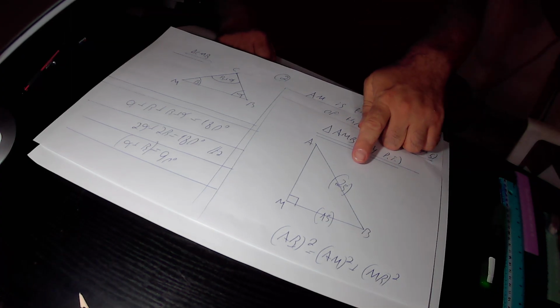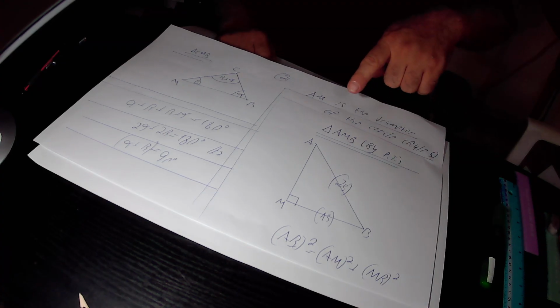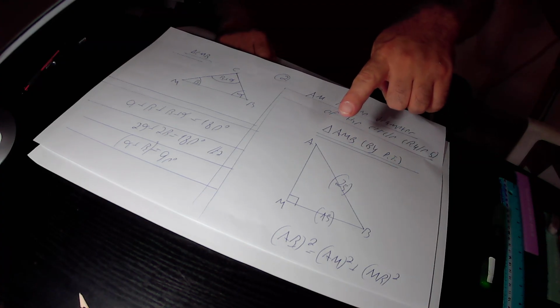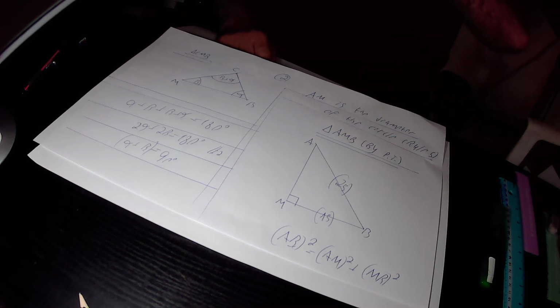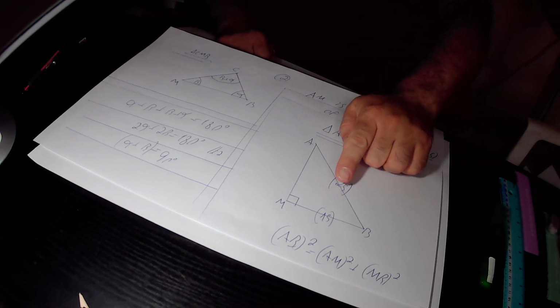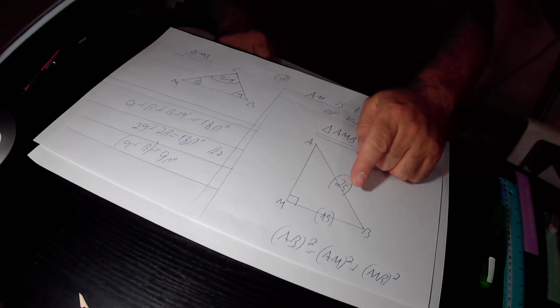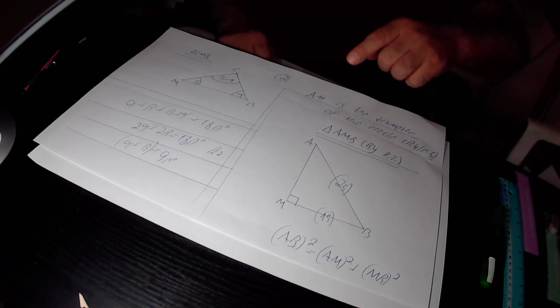AB is 25, therefore AB squared is 25 squared, that is 625, and it equals AM squared. AM is the missing side, so we keep it as it is, plus MB squared. MB is 15, therefore MB squared is 15 squared, that is 225.